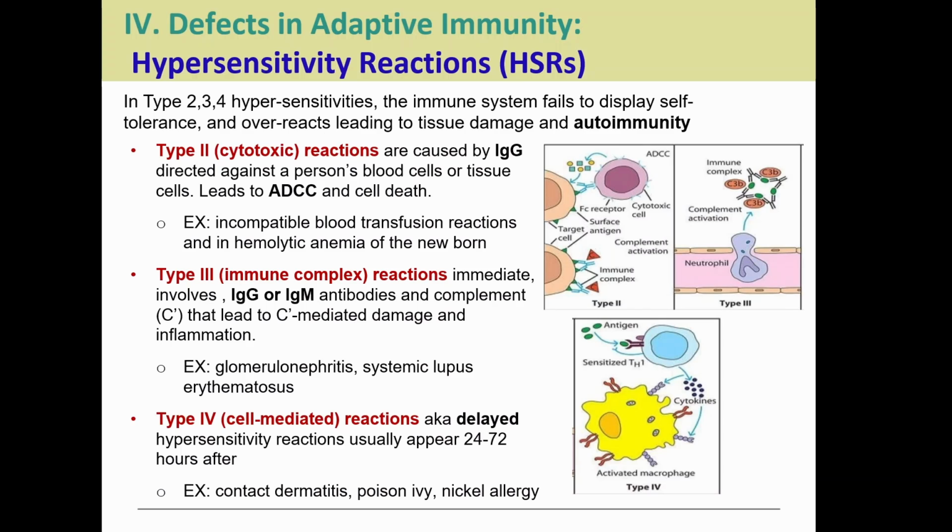This is where we have things like contact dermatitis, poison ivy, poison oak, nickel allergies. Basically, you don't immediately react. Something has been in contact long enough that your immune system goes, whoa, I don't know about this, I'm going to react. So you've been exposed to it and you've continually been exposed.